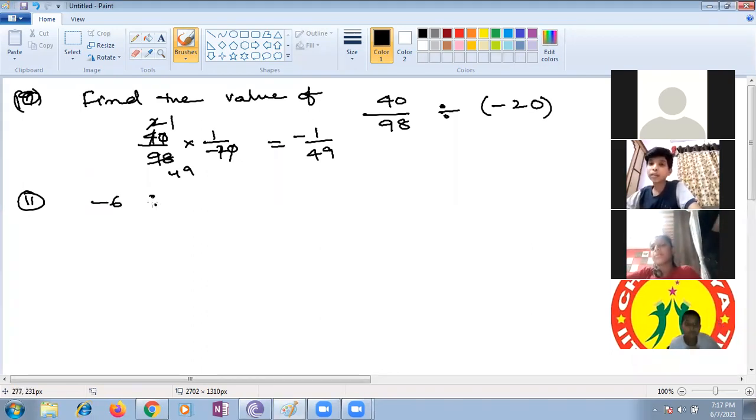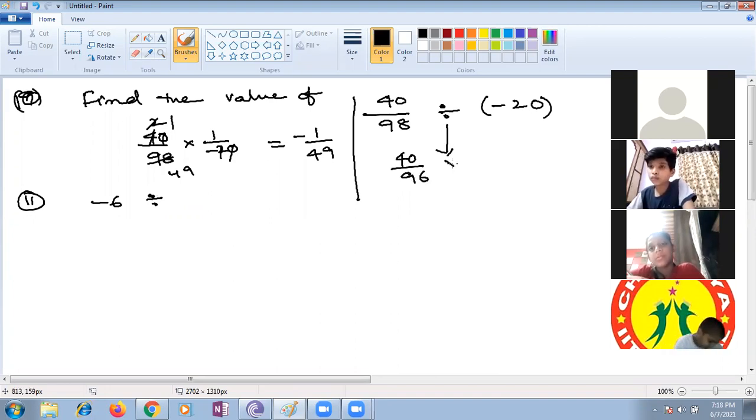Next one, minus 6 divided by... Ma'am, you can explain again. Shiva Pranav is telling, explain once more. Okay, Pranav, see here, the same procedure, the same 40 divided by 98. Division becomes multiplication.